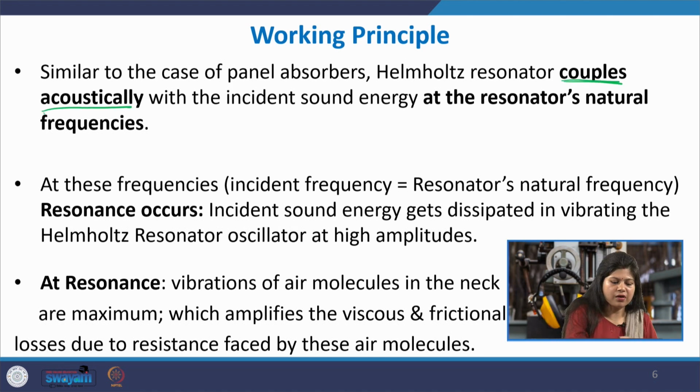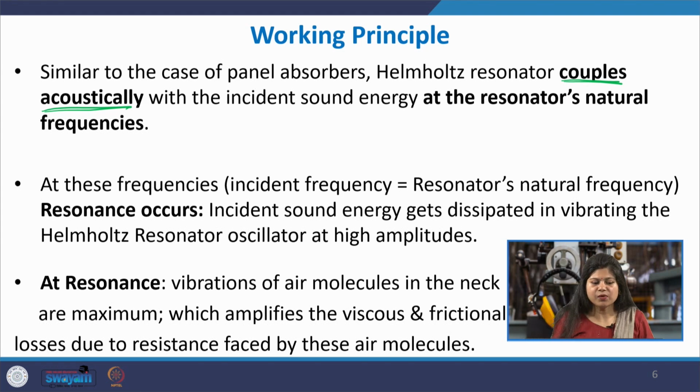We have already seen the noise control phenomenon in a panel resonator. Whenever the incident frequency of the sound waves hitting a panel absorber matches the natural frequency of vibration of the panel, there is resonance, and whatever sound waves are hitting are used up in driving the panel back and forth, and the energy gets dissipated.